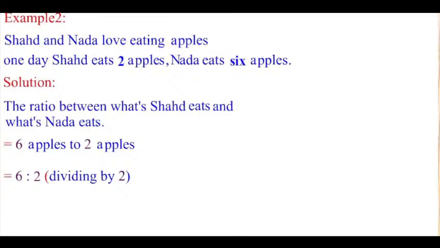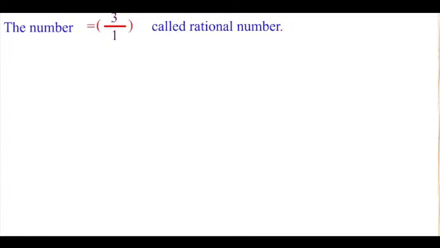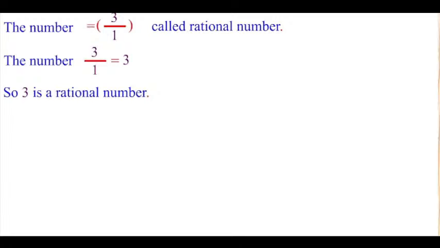Dividing by 2 equals 3 to 1. The number 3/1 is called a rational number. The number 3/1, so 3, is a rational number. A rational number can be expressed in the form a/b, where a and b are integers, and b does not equal 0.